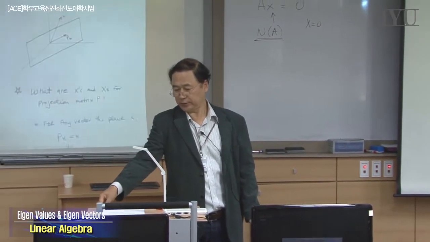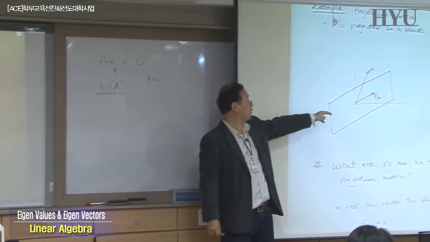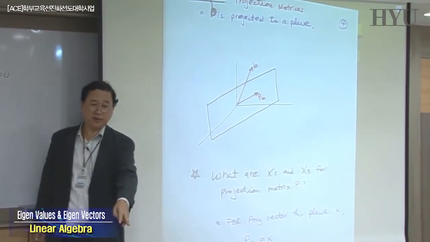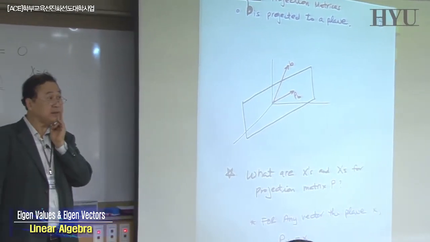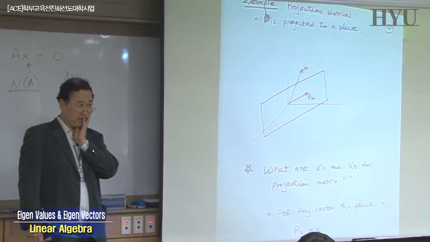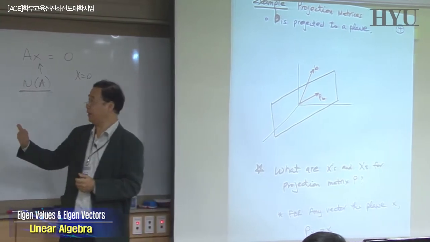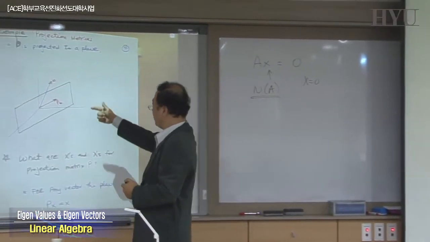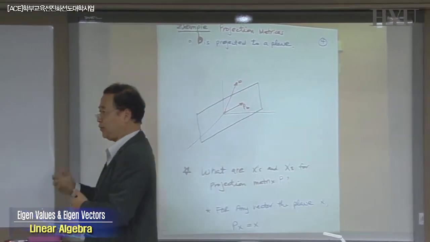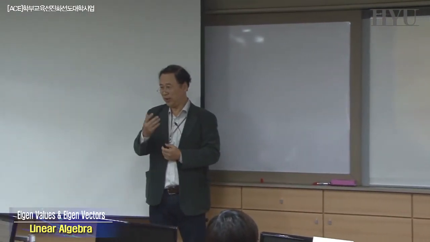We learned about projection, right? We are projecting vector b onto this space. Once you project, it becomes Pb, right? What happens when you project again? Like vector b here, once you project, it becomes Pb. What happens when you project twice?